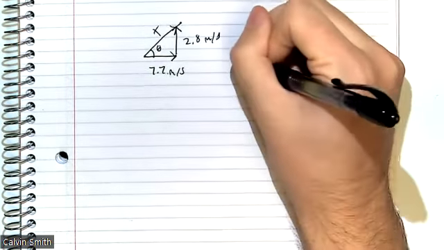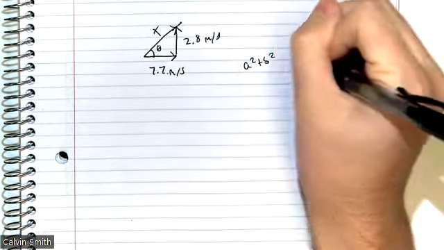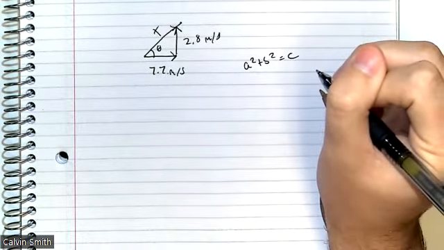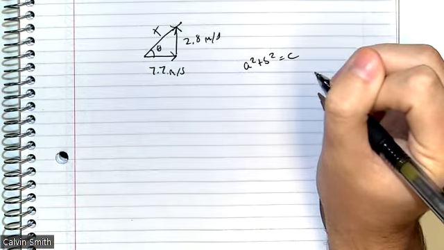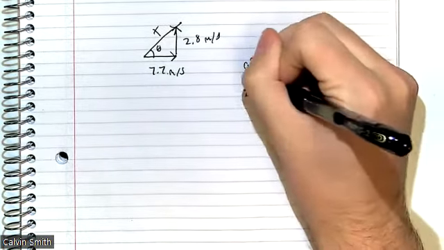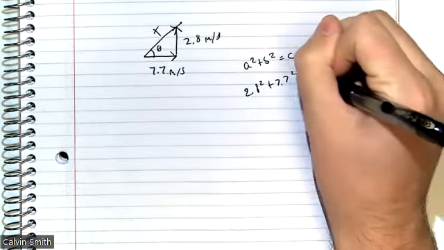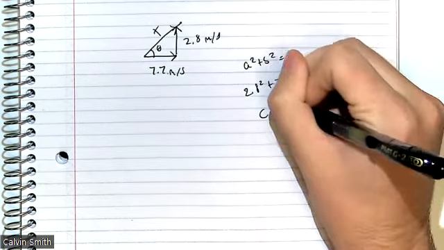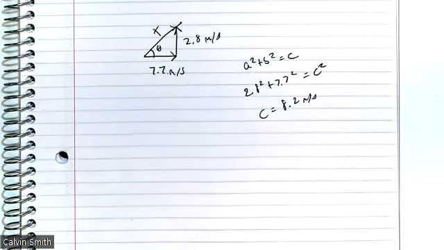So to get x, we'll use the Pythagorean theorem. It's also the same for your chapter 1 problem 1 practice. It's the exact same concept. So 2.8 squared plus 7.7 squared equals c squared, 8.2 meters per second.